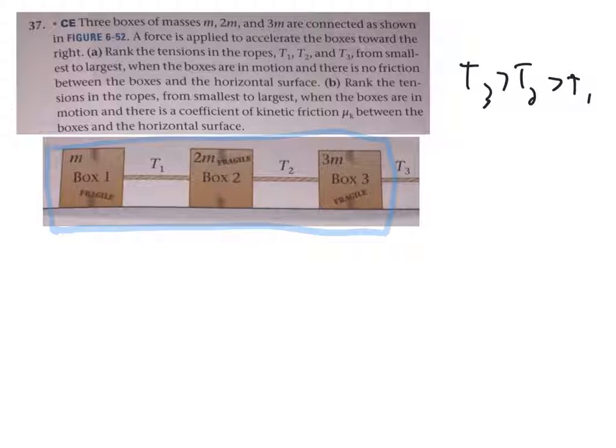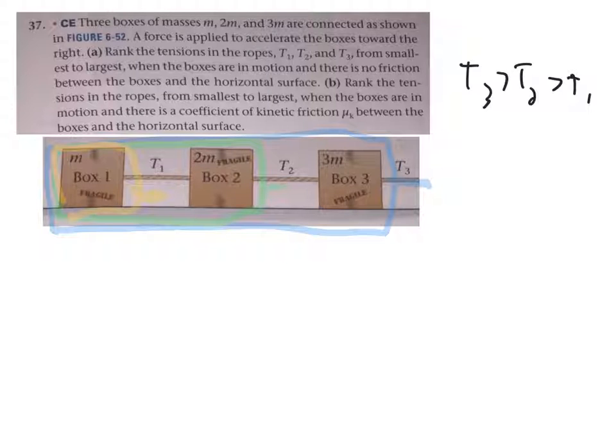T2 only has to accelerate the inner ones, and T1 only has to accelerate this box.